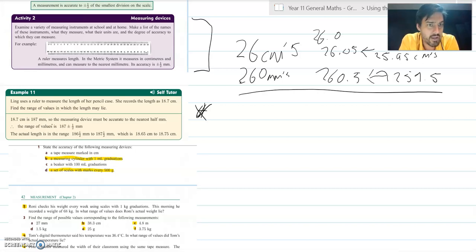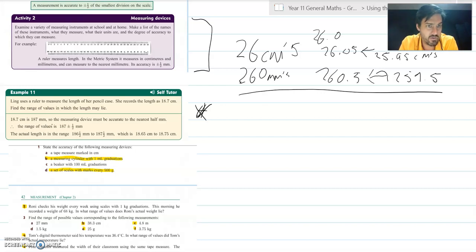They've converted it to millimeters as well, so as you can see, that's a perfectly valid way to do it. 186.5 is the lower boundary, as we generally call it, and 187.5 millimeters, or 18.75 if you prefer to work in decimals, is the upper boundary. Really it's just that idea of plus half of our smallest unit or minus half of our smallest unit.